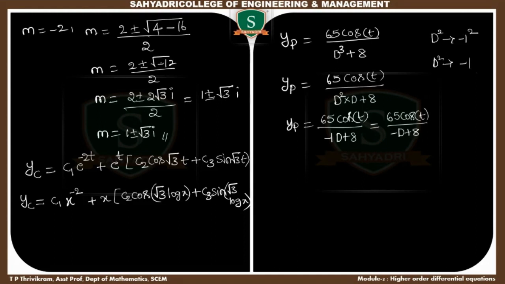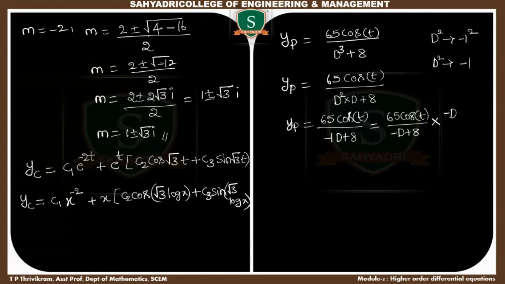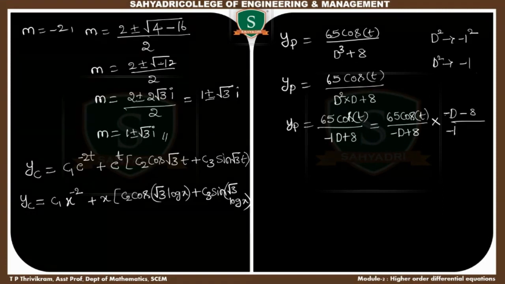Now again we need to replace D square with minus 1. But here in the denominator D square is not there, so we have to convert this in terms of D square by doing the rationalization process. Same function with the sign in the middle changed: minus D minus 8.